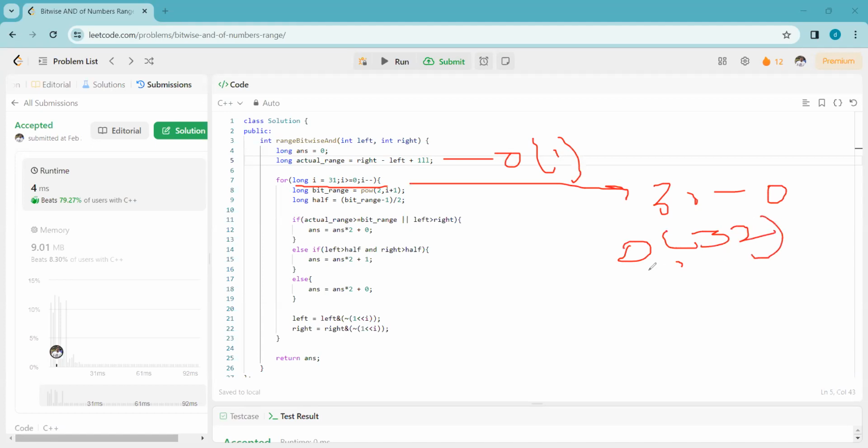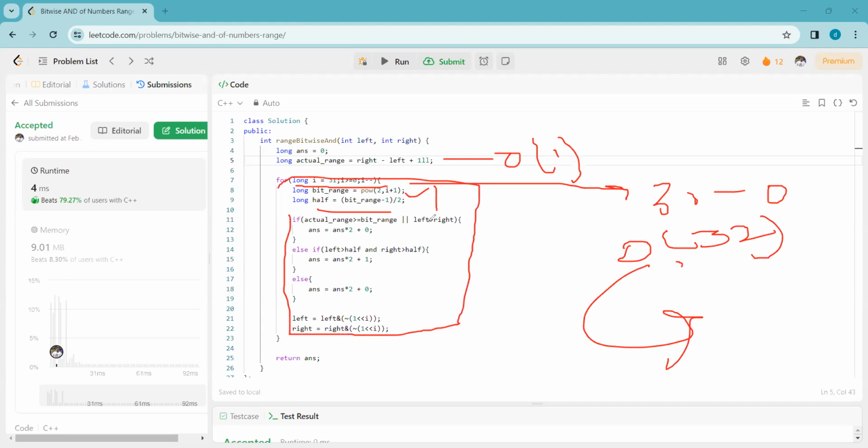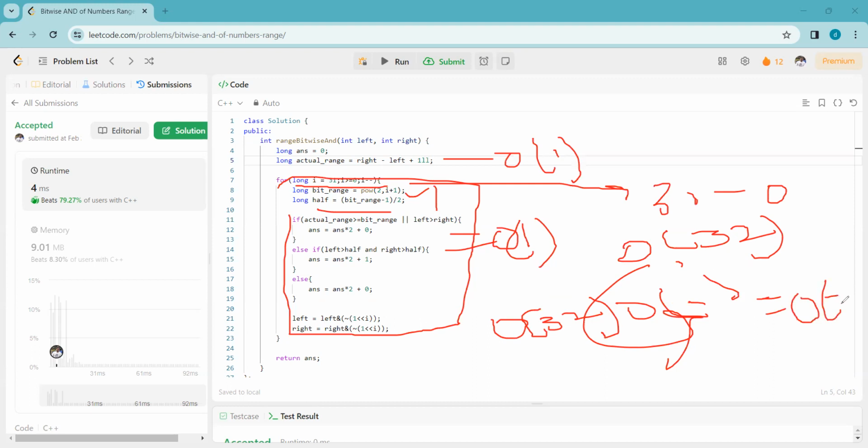And for each iteration, we are calculating the power, which is a mathematical operation, checking the half, and doing a bitwise operation. So it takes some constant time. So can we say we are taking O(32) into O(1) time, that is O(32)? So can we say our solution is taking more or less constant time?